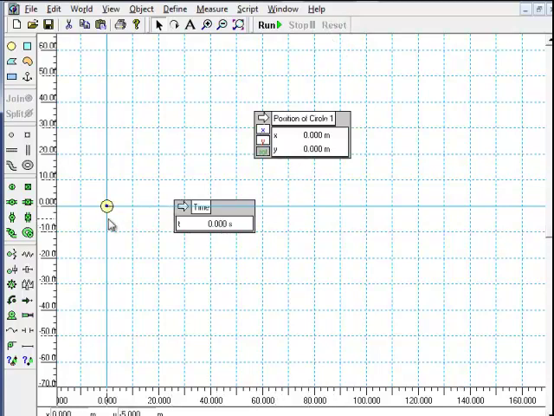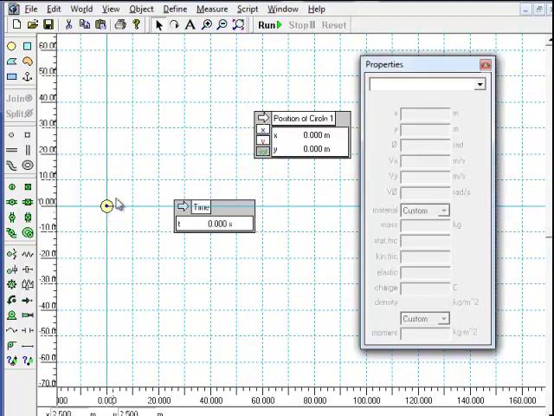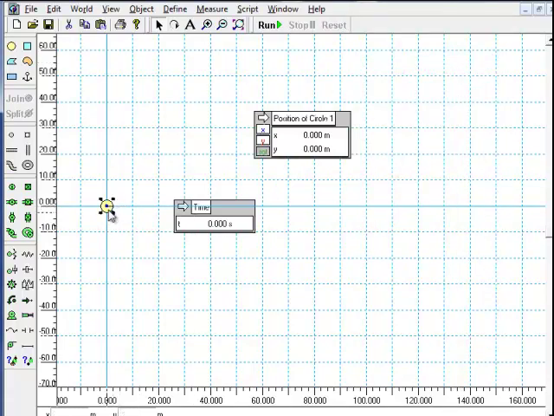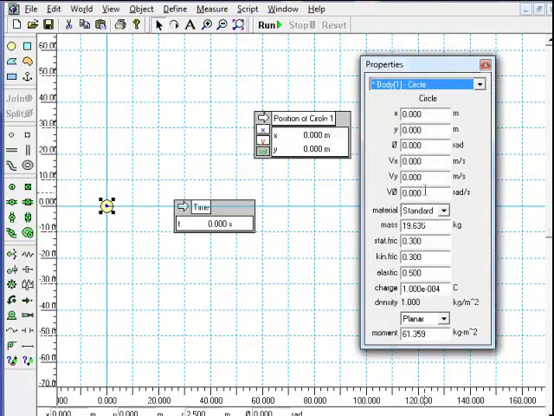In any case, though, I have to click on the object and put it back at a speed of 100 meters per second.